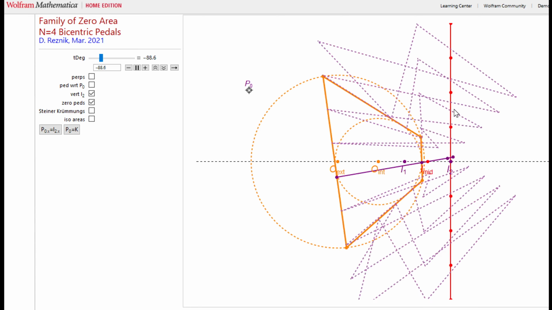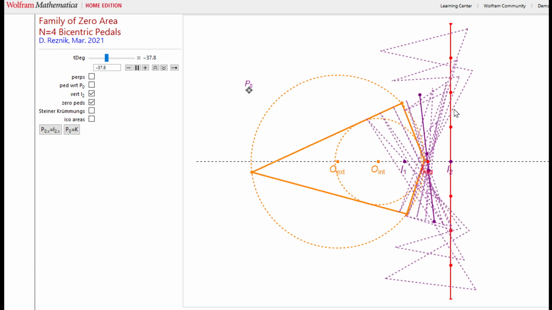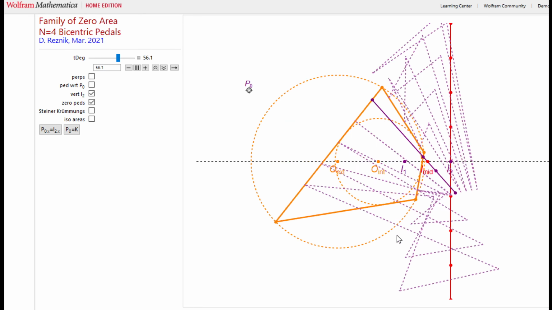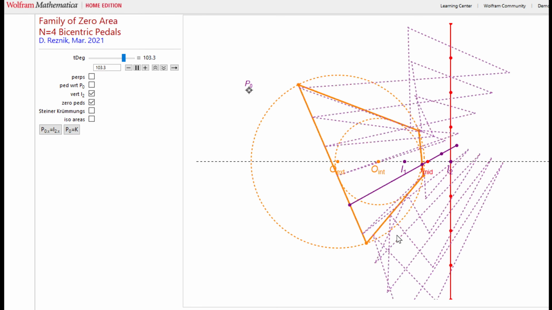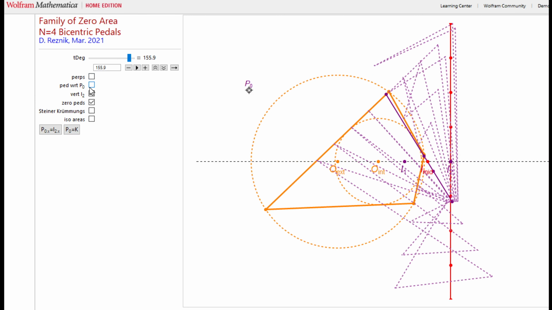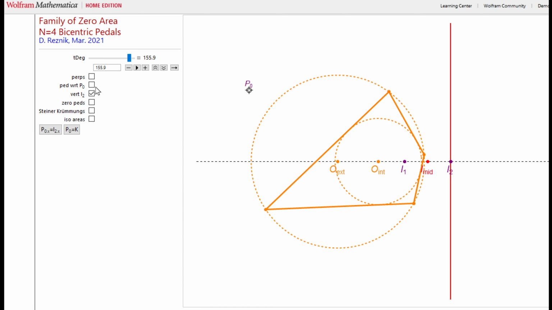Since all these pedal points lie on this vertical red line, each one of these pedal polygons has individually 0 invariant area. Okay, so the way I showed this before was actually to do it manually, right? Let's turn these 0 pedal polygons off. I could go back to my generic pedal polygon, and I'm reporting its area.